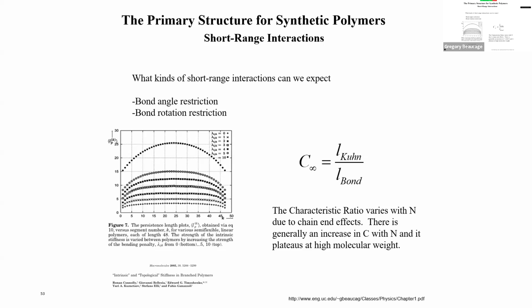So capital L is equal to N times what? If I straighten the chain out, that's L. So L equals how many times L? It'd be the Kuhn, it also equals the persistence, and there's one other, the chemical.